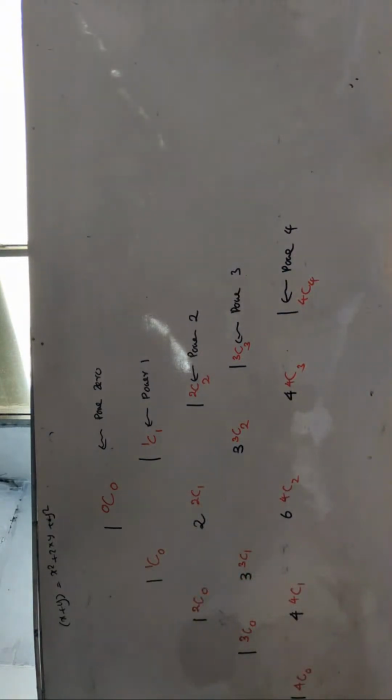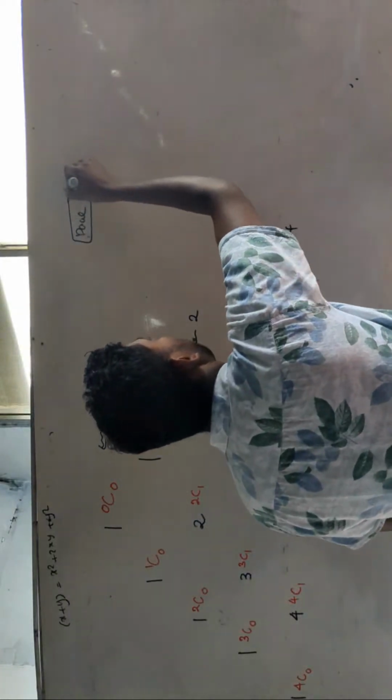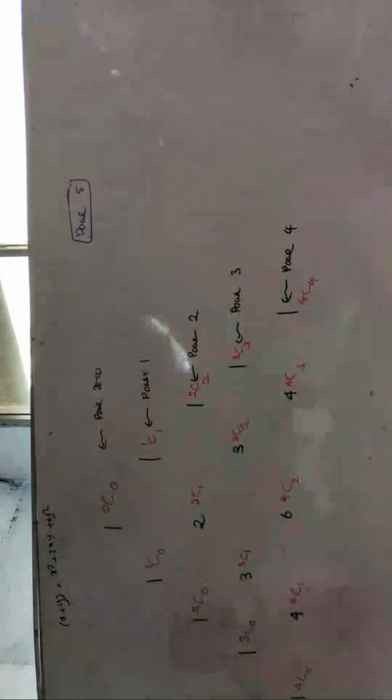Now Newton saw this pattern. Newton decided that we don't need Pascal anymore. We can write down the coefficients of any power without using the Pascal triangle. Now tell me, if the power is 5, what are the relevant coefficients? Look, power 3 is 3C0, 3C1, 3C2, 3C3.